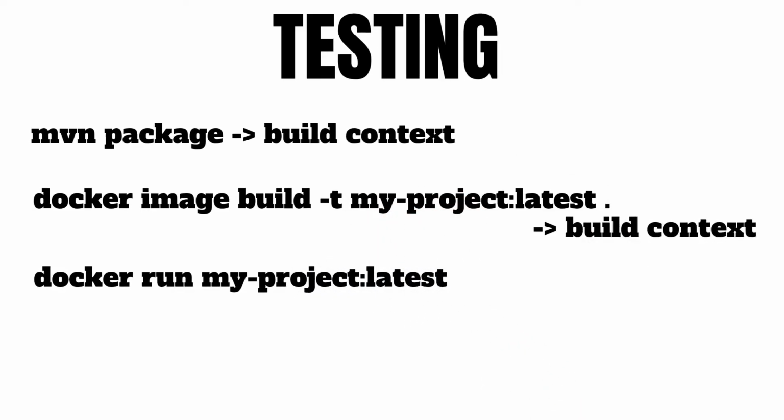In this case, myproject is our image name and latest is the tag. When we run this command, we will see that the welcome message printed on the console by our main method will be executed and printed inside the container. So inside the container we have our jar, and inside that jar we have our main method which is getting executed.